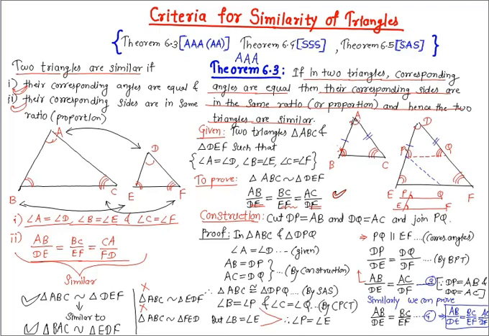So we can state that if two angles of one triangle are respectively equal to two angles of another triangle, then the two triangles are similar. So this is AA similarity criteria for two triangles, that is angle similarity criteria.